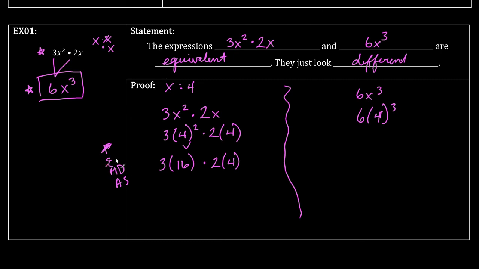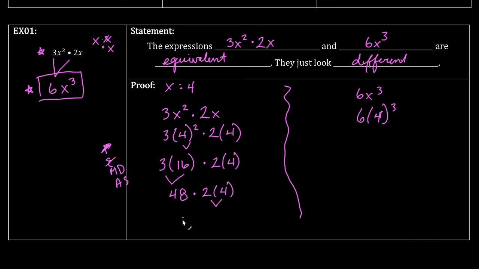We finish our exponents. Now let's multiply and divide from left to right. 3 times 16 is 48 times 2 times 4. And let's multiply this right here. Not that it matters at this point, but I like doing each part.